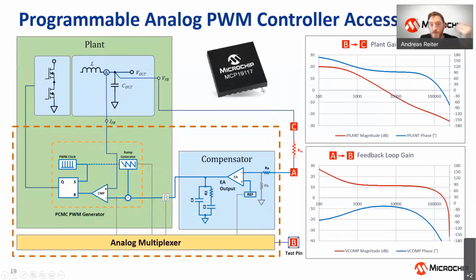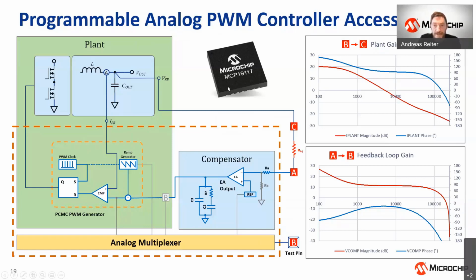Things are getting a little bit more tricky if you have programmable analog PWM controllers. One of our devices here, the MCP19117, has an integrated compensation network which can be programmed. So there is actually not any point available where you could get access to this control output probe point.